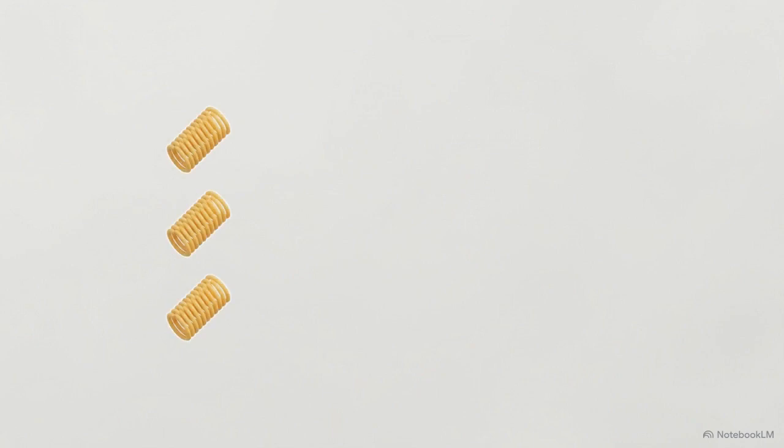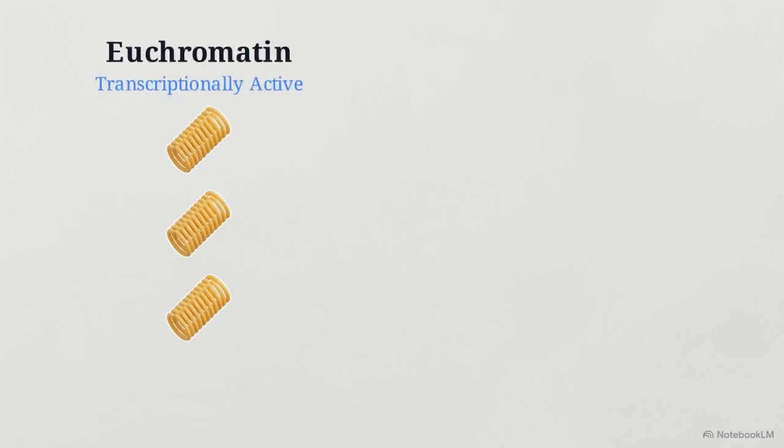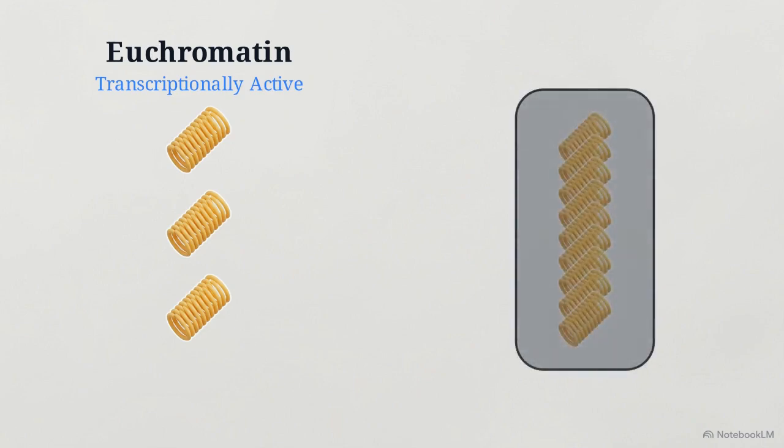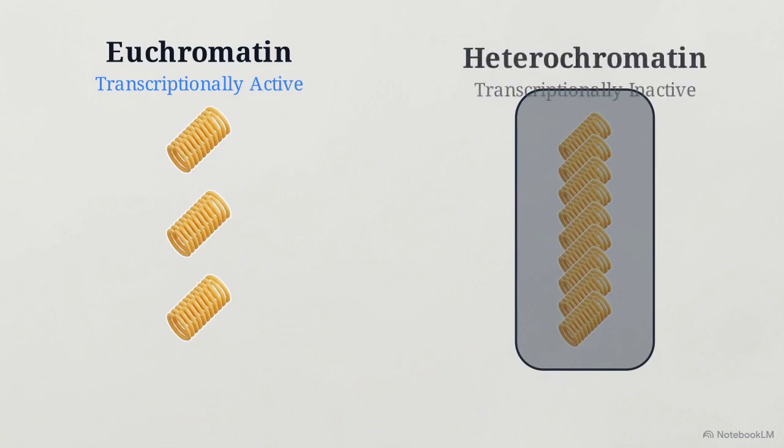On the right is heterochromatin, which is so densely packed that it appears dark under a microscope and remains transcriptionally inactive. By physically tightening or loosening these fibers, the cell regulates which genes are accessible for expression and which are silenced.